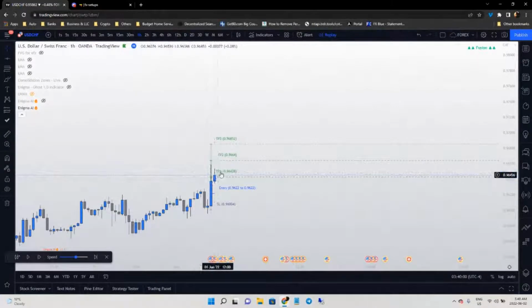And another thing, if you see the TPs are closer together, like the first TP is near the entry, it may or may not go in your favor here.